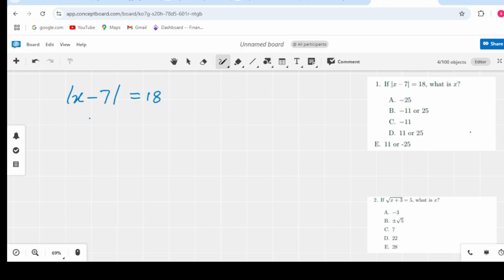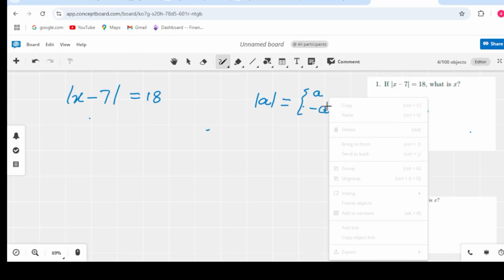If we define the absolute value function, we can write that if there is the absolute value of a, then it means that a may be positive or negative. There may be both possibilities.